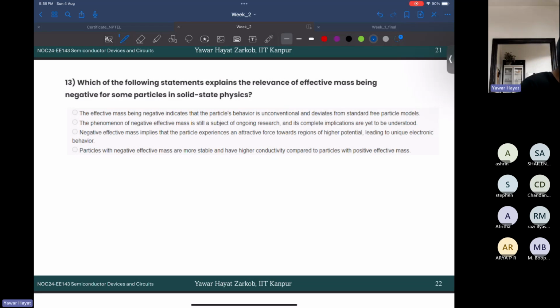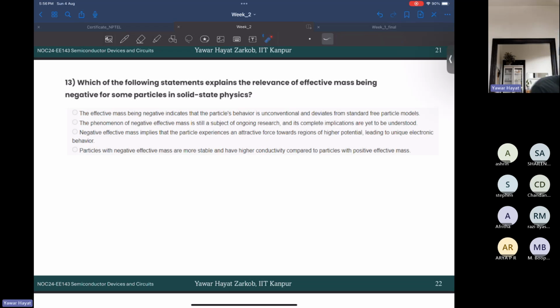Again, this is a simple one. So which of the following statements explains the relevance of effective mass being negative for some particles?